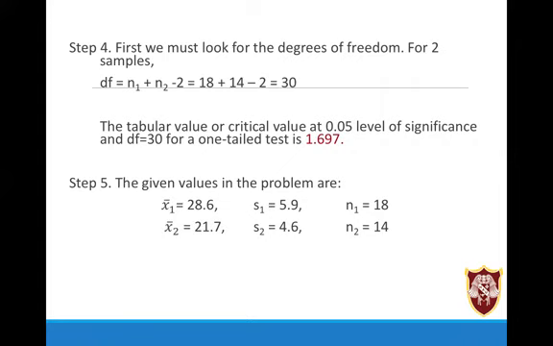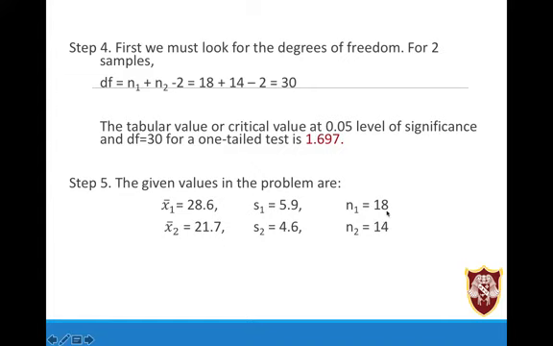So the lower the standard deviation, the closer the values are, right? So here in the given standard deviations, we know that the values in the second sample are closer as compared with the scores of the students in the first group.